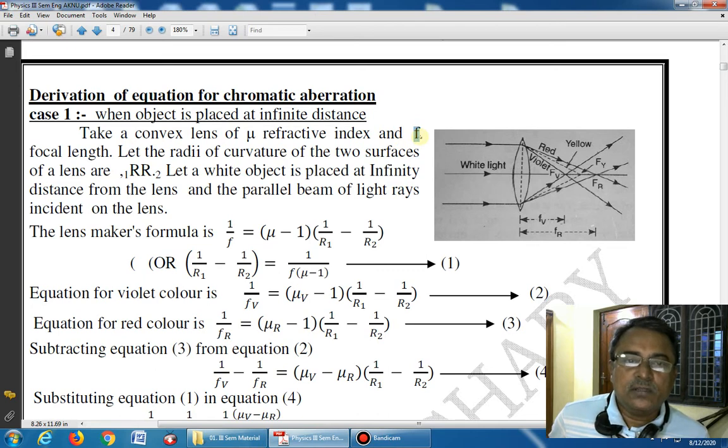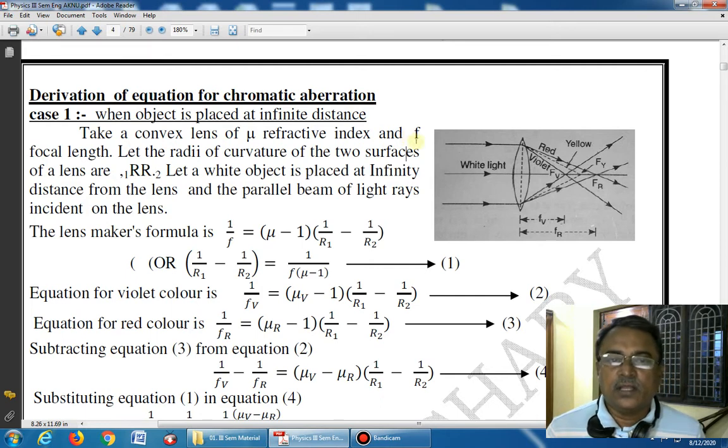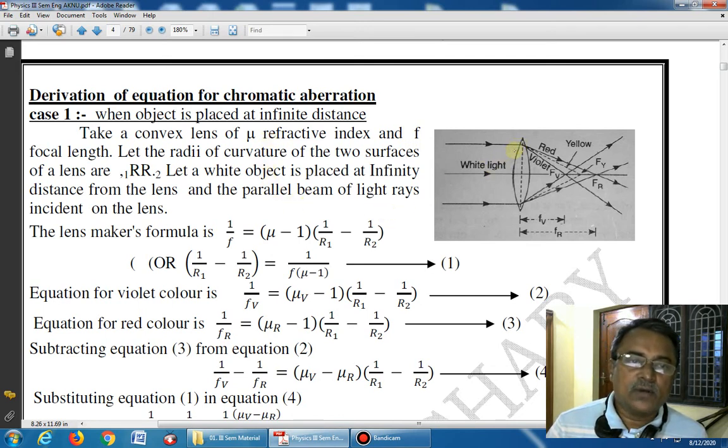Why I am using the term general is that these two values, mu and f, vary with the color. That means if the color changes, then the f value changes and the mu value also changes, but the radii of curvature r 1 and r 2 of the lens do not change with the color of the light, and these are represented by r 1 and r 2.